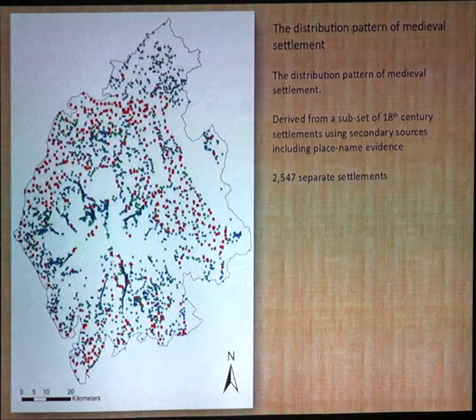Right, so starting with settlement, this is a subset of the late 18th century one, and I used the place name volumes, Mawer and others for Cumberland. Really good resources.